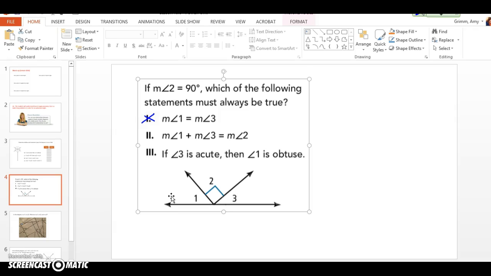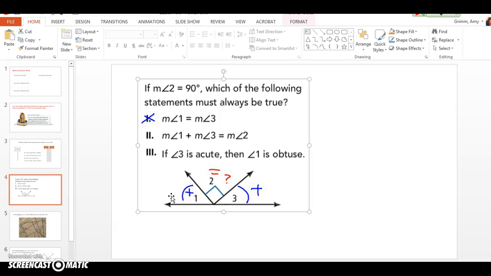So angle 1 plus angle 3. Will that always equal this one? And tell me why or why not. How much did we say the straight line was? 180. How much does angle 2 equal? 90. What do you think, Kendall?